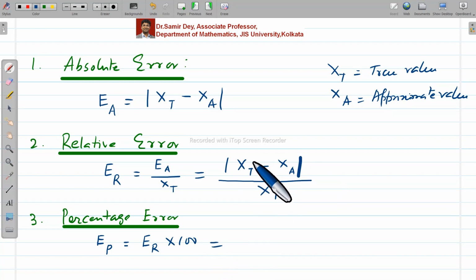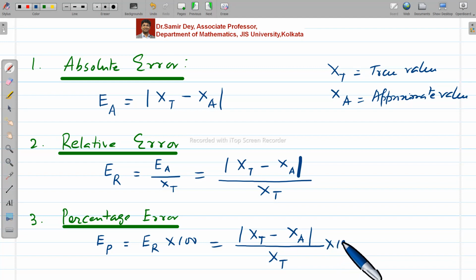The formula will be: the absolute value of xt minus xa, divided by xt, into 100. Is it clear to all of you, the formula?